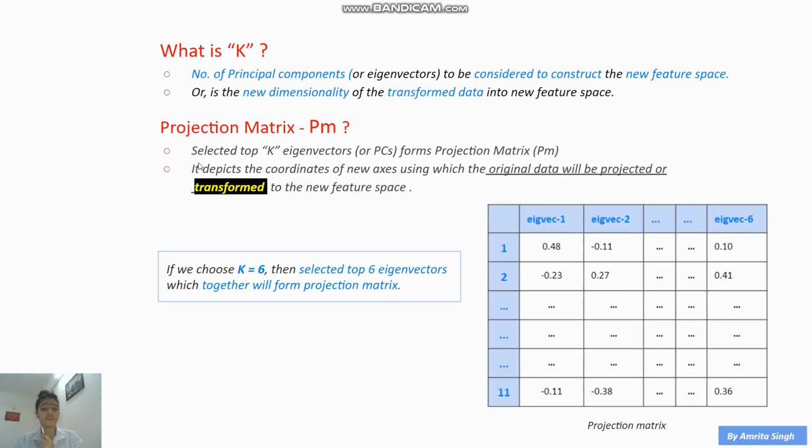What does this projection matrix depict? It gives us the coordinates of the new axes, which we'll use to project our original data into the new feature space. So this projection matrix is very important.